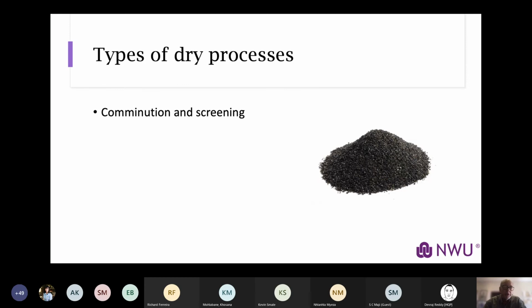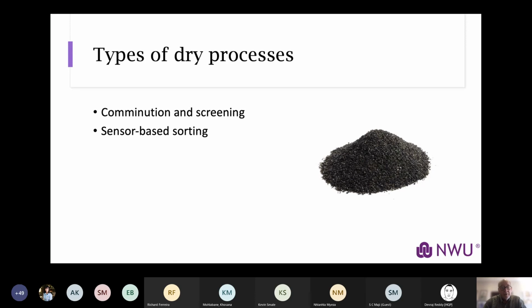For example, comminution and screening, that does some separation, and it really is a dry beneficiation system, although classically we don't say it is.